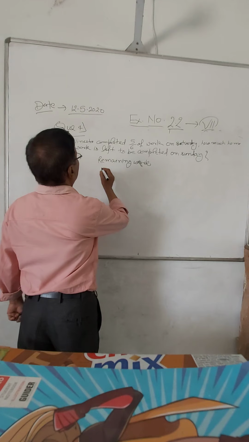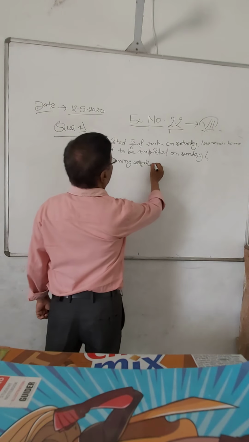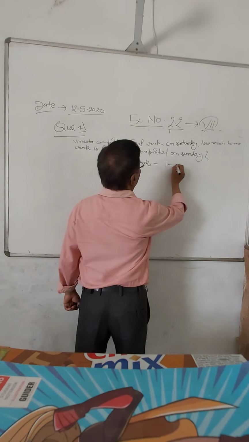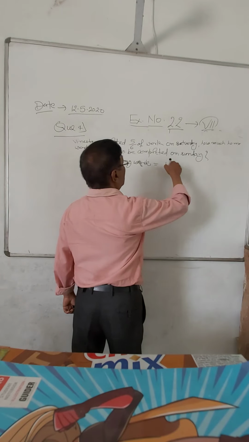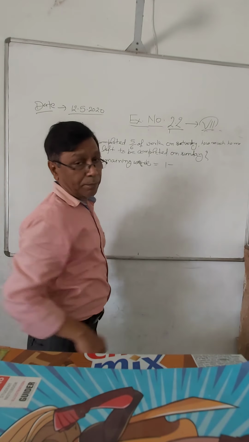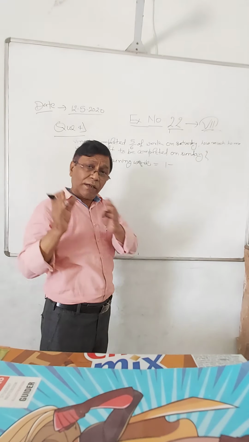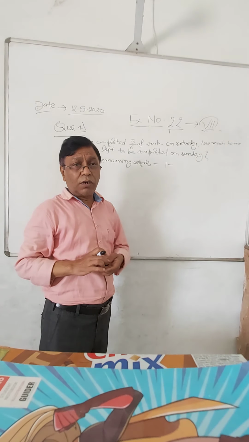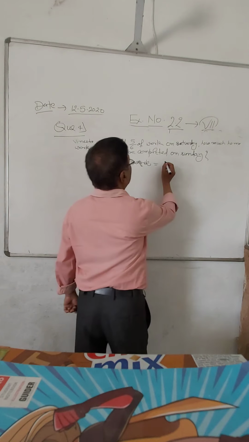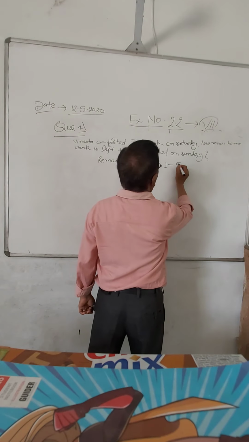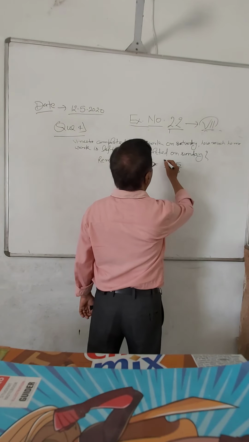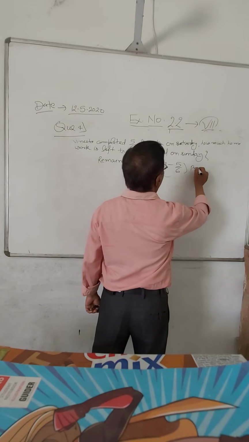So remaining is equal to 1 minus टोटल वर्क. मान लीजिए एक पूरा कोई काम है, 1 वर्क इज कंप्लीट, उसका 5/6 पार्ट कंप्लीट हो गया है, तो 1 minus 5/6. दिस विल बी द इतना पार्ट जो है, इतना पार्ट बचा है.